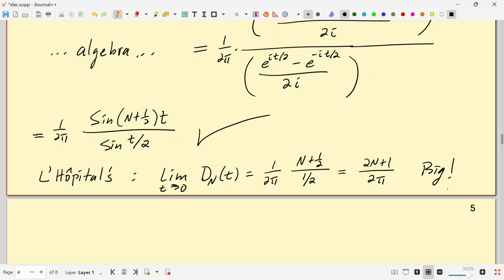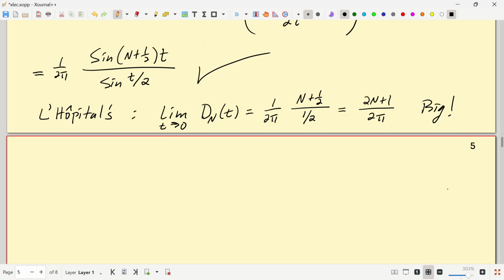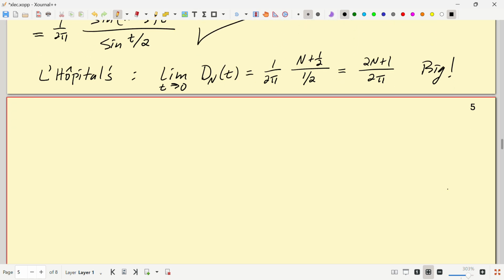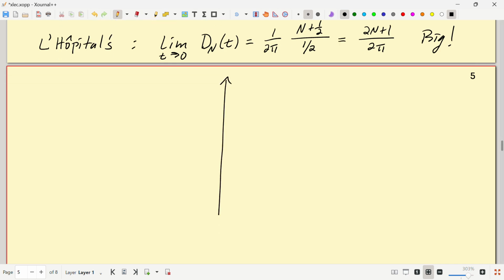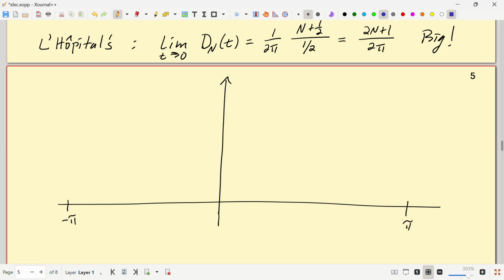And if I were to graph the Dirichlet kernel, it's a beautiful thing to look at. Let's see, what does it look like? Minus pi to plus pi. It's this gigantic thing right here with a really concentrated area. And then it gets small.